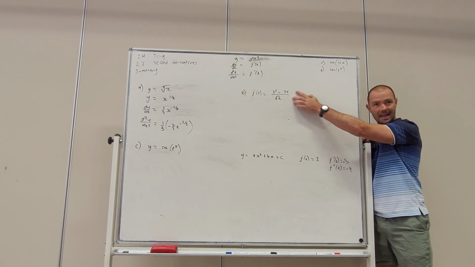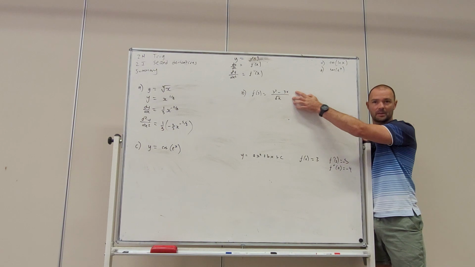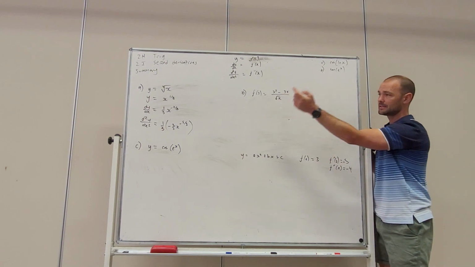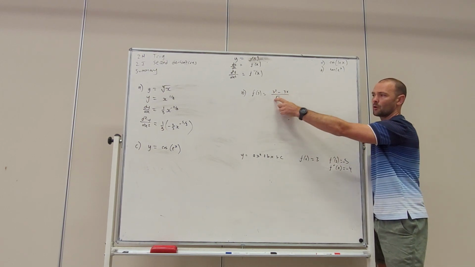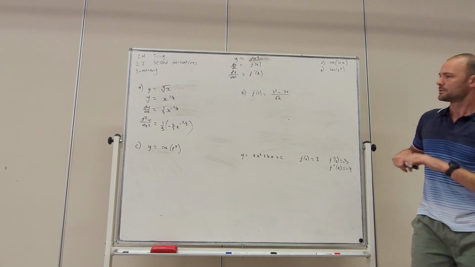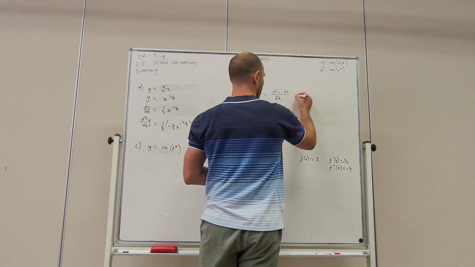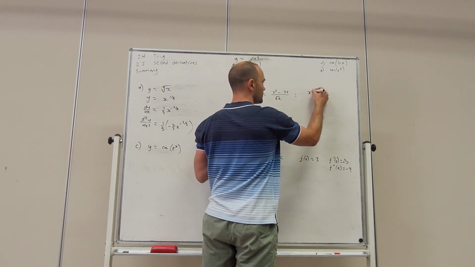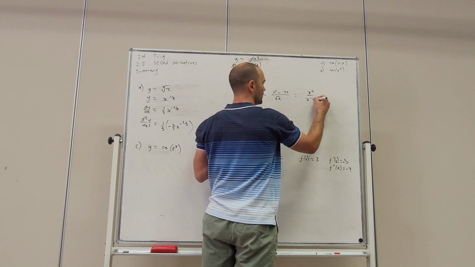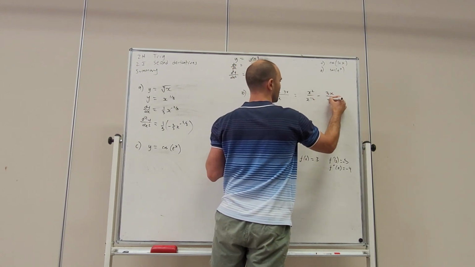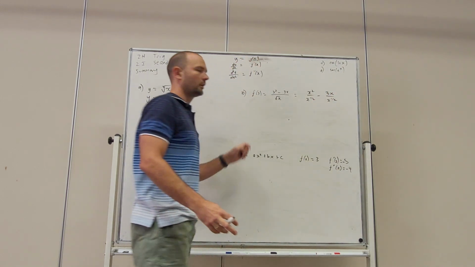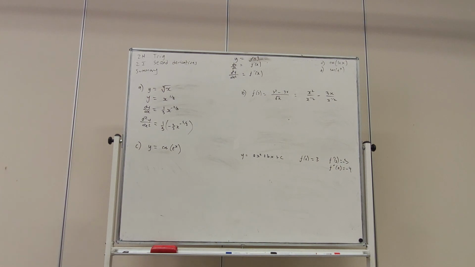Now this here, we can simplify using index laws because everything is x and we only have one term at the bottom. So what we can do is first split the denominator. So I'm going to put it like this. Okay. So we've split that denominator and expressed it as its power.